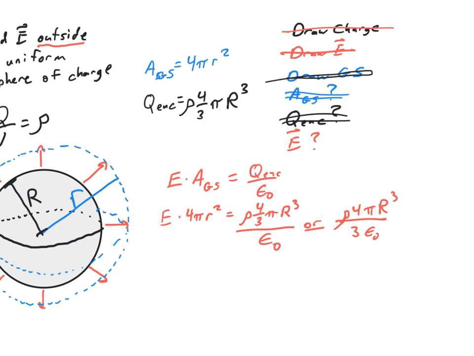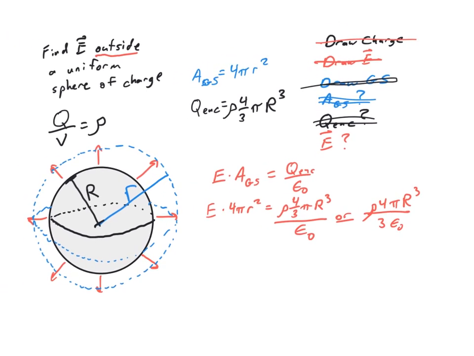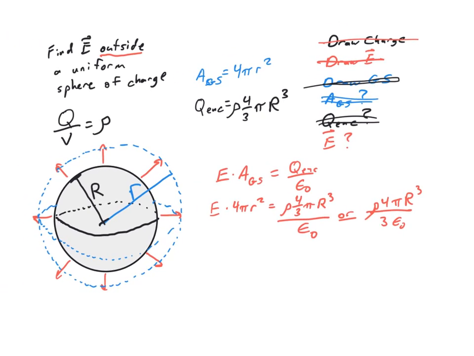We got some cancellations to do. Cancellations to do include, get a new color in here, I love that purple. 4s cancel, pi's cancel. I feel silly. That's not how you cancel things. One great thing about working in pencil or digital is the ability to undo. I'm going to focus on this right here.